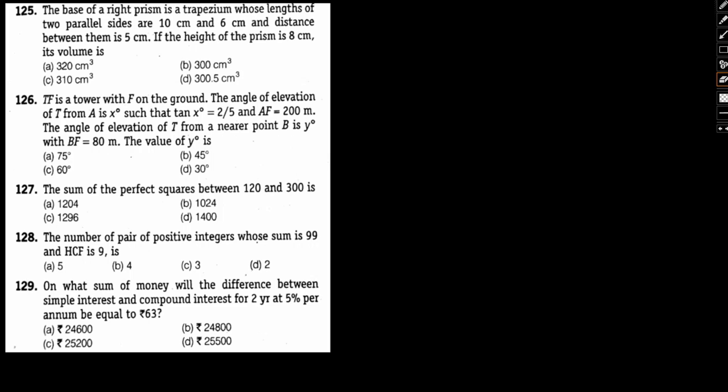The base of a right prism is a trapezium.